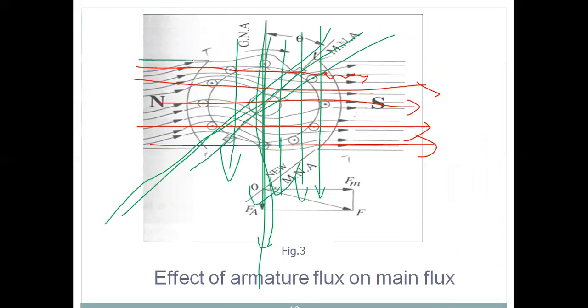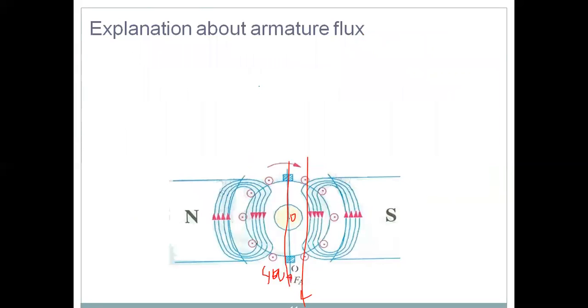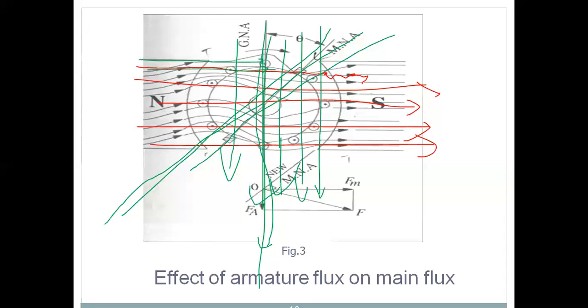This is the main field flux. I consider here crosses, these are the crosses, not dots. By applying the right hand thumb rule, what type of fluxes are we getting?